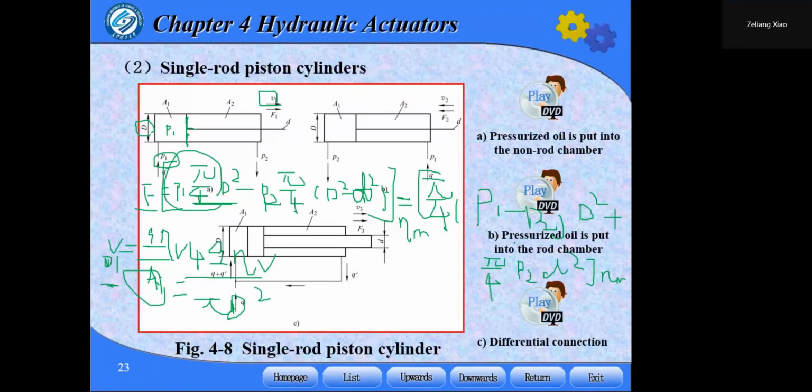Use the same method. We can also calculate this one to get the force and the speed. The last one.